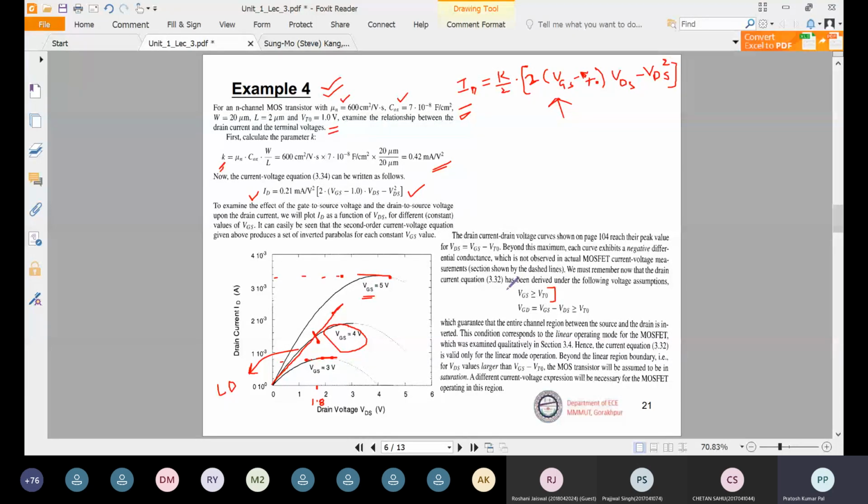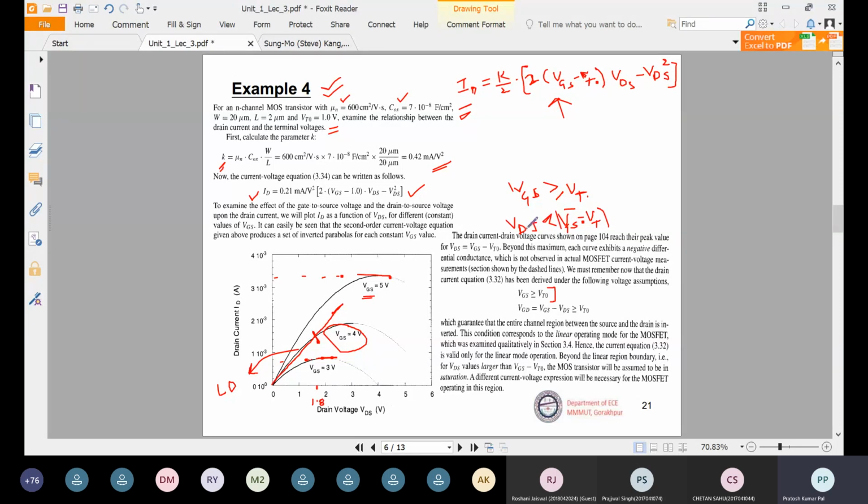So for making a transistor work in linear mode, the first condition is that VGS should be greater than the threshold voltage, and also VDS should be less than VGS minus VT.